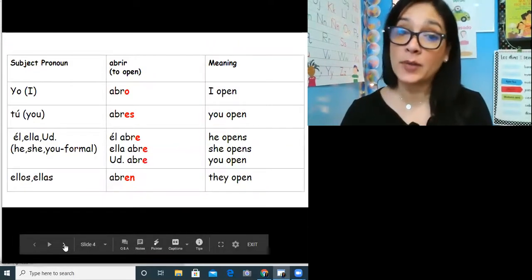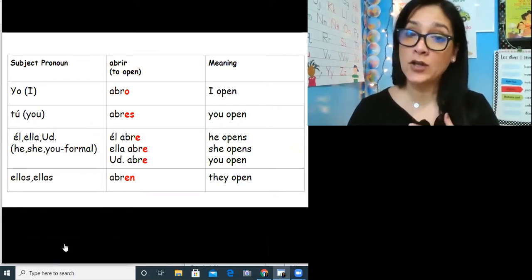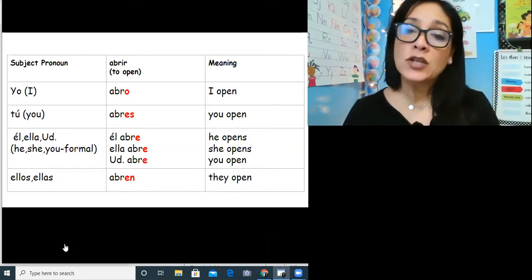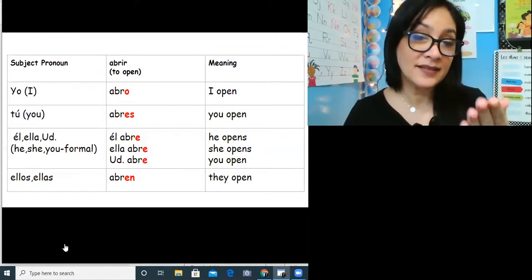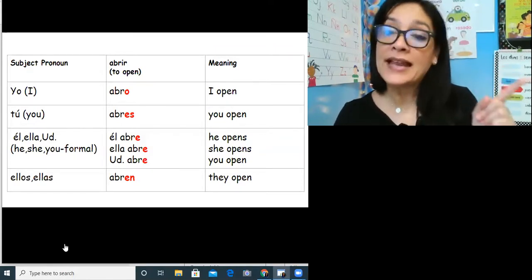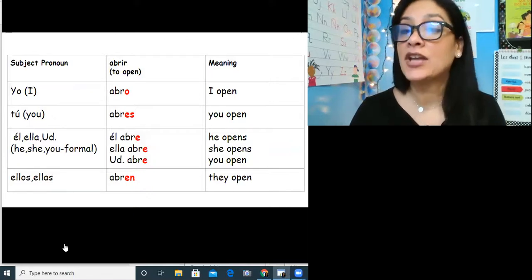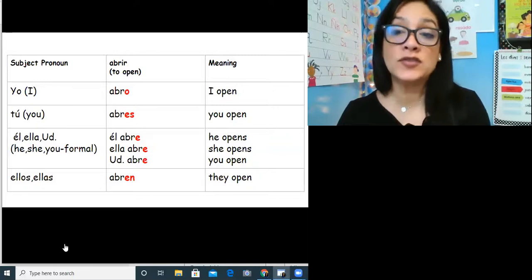Let's look at the verb abrir, which means to open. When I want to say I open, yo abro. You open, tú abres. He opens, él abre. She opens, ella abre. You open, usted abre.